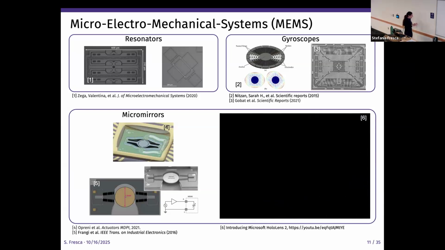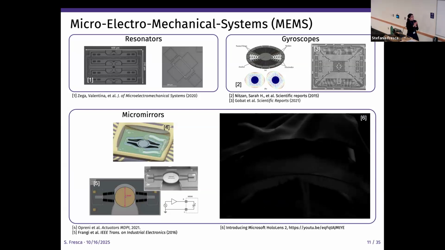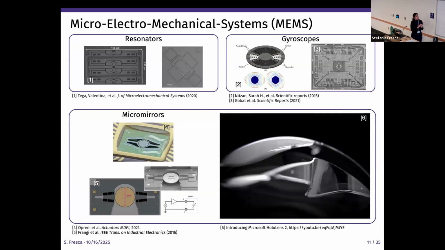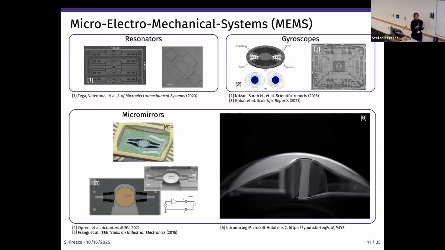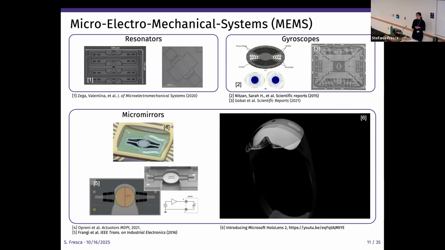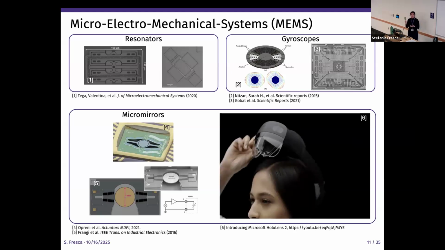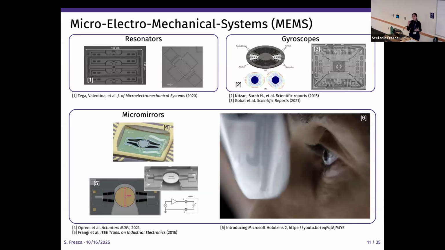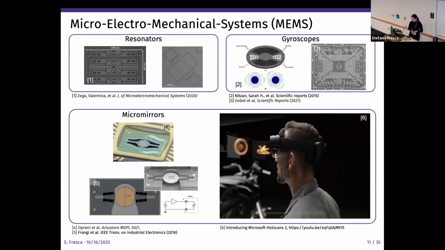In particular, micromirrors are witnessing an explosive growth in recent years due to successful applications ranging from LiDAR in autonomous driving to projectors of virtual content onto the lenses employed in augmented reality or mixed reality tasks.